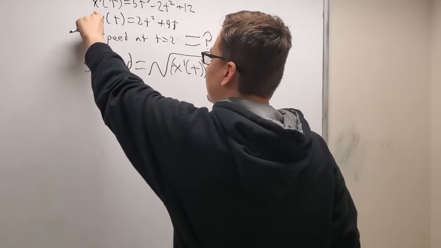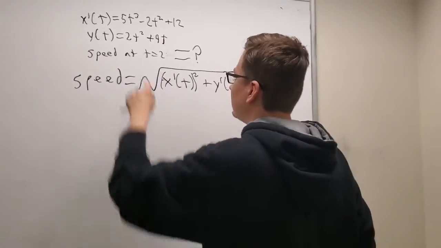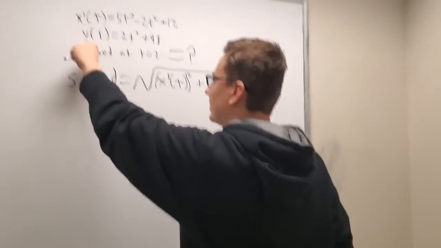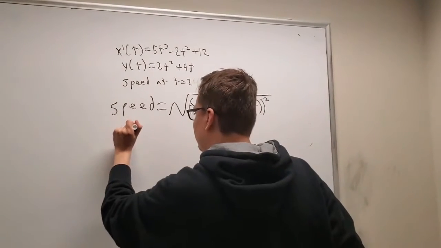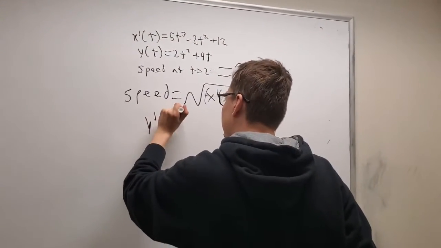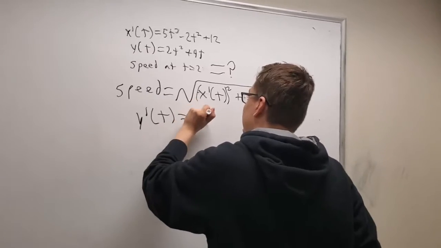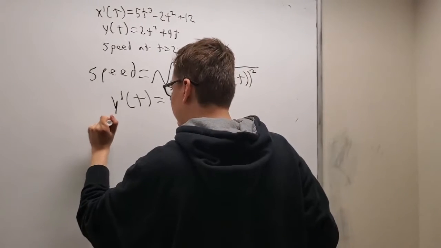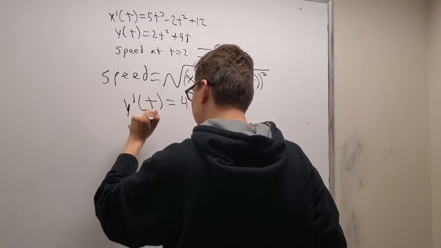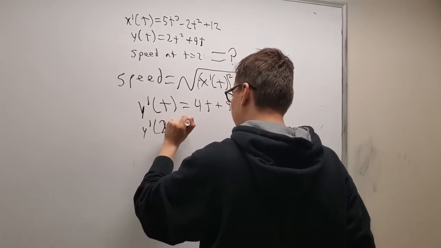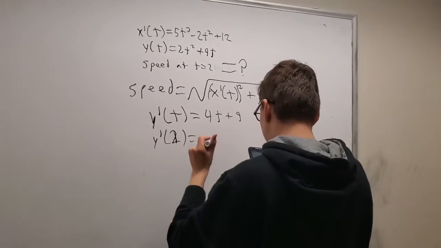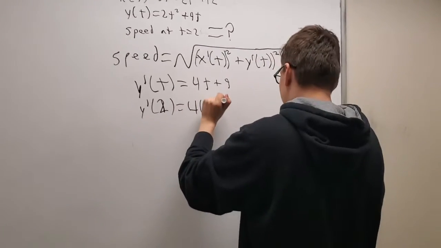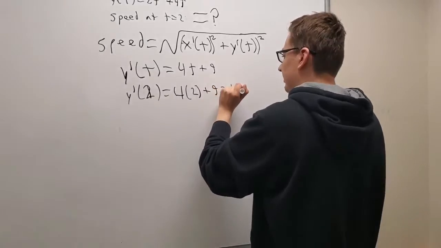We're already given the derivative of x of t, and we just need to plug in 2 for time. Well, we need to find the derivative of y of t first, which equals 4t plus 9. I'll do the y first. Plugging 2 into my calculator, 4 times 2 plus 9 equals 17.